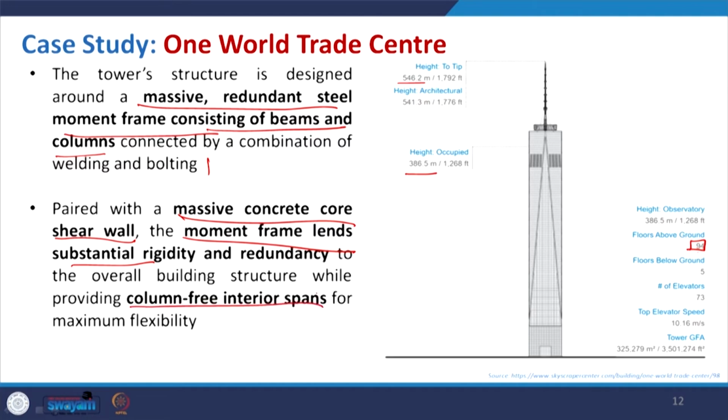But applying the core is basically related to your interior structure. The major structural element which will take the major portion of the lateral load and axial load is placed inside as a concrete core in this building, so it is definitely to be categorized as an interior structure.